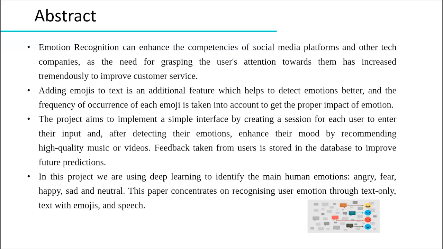The addition of emojis to text is an additional feature, taking into consideration the frequency of occurrence of each emoji to get the proper impact of the emotion. Also, we create a simple interface for each user for detecting the emotion, and after the emotion is detected, we try to enhance their mood by recommending content in the form of music or videos. The feedback taken from the users is stored in the database to improve further predictions.